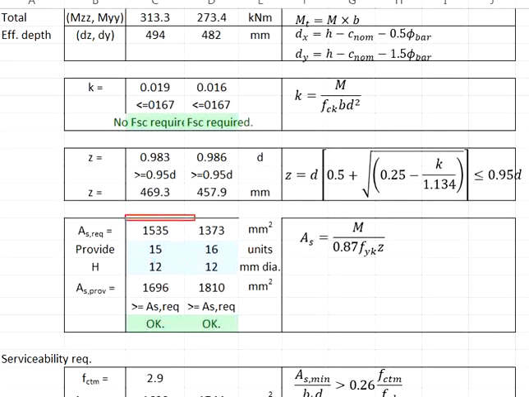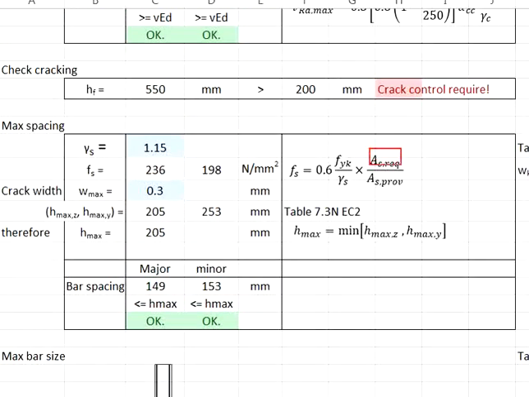We have AS required for the major and the minor axis, and also AS provided in the major and the minor axis. Take the AS required divided by AS provided. You find your stress in the reinforcement, which is equal to 236 in the major axis and 198 in the minor axis.